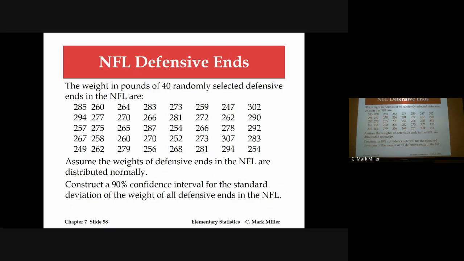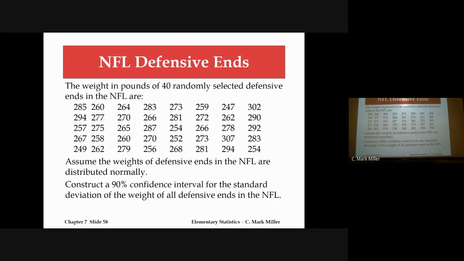Those are procedures that make no assumption on the underlying distribution. Here we're assuming the underlying distribution is normal, that the weights of the defensive ends in the NFL are normal. That's an assumption, and when it comes to weights, that's usually good if it's the same group of people.